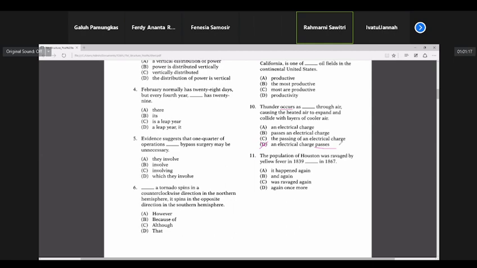Melvin Marley. My answer is A. The population of Houston was ravaged by yellow fever in 1839. Well, if you have A, it looks correct, but then there is no connector.